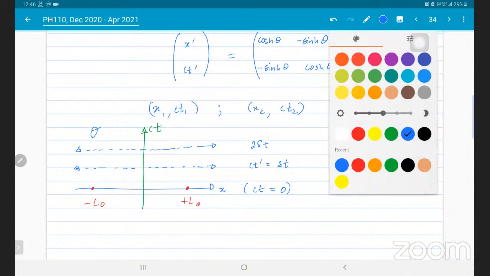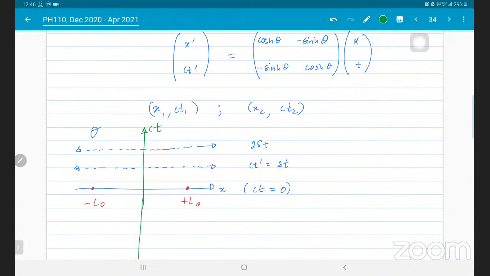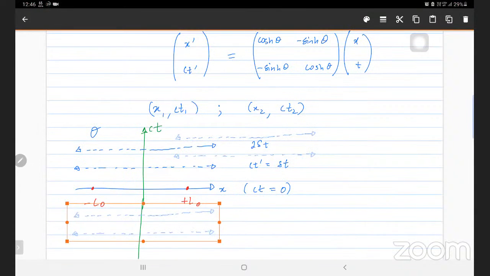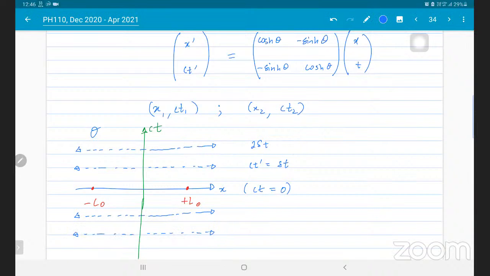And then similarly, we can go in the past, and make this minus delta t and minus 2 delta t. So these are the surfaces of constant time.